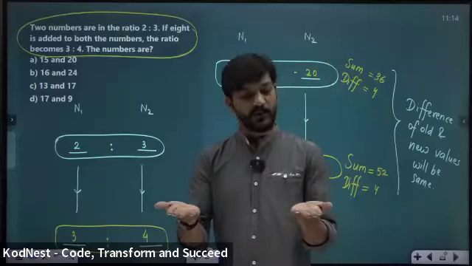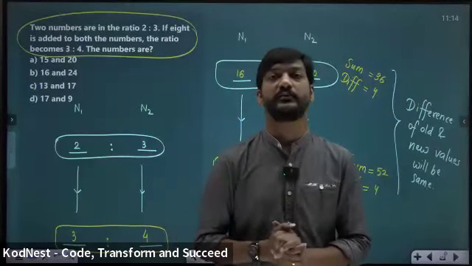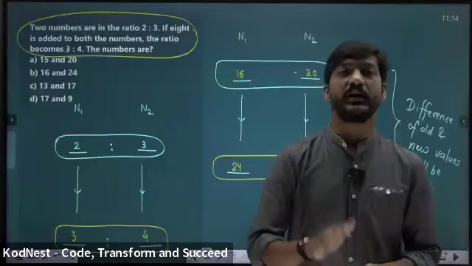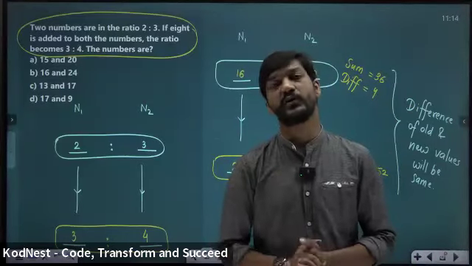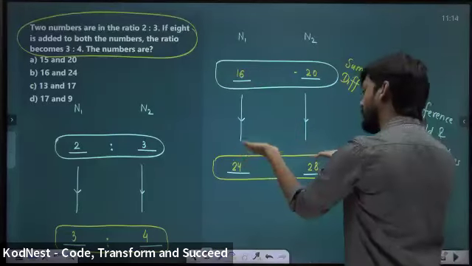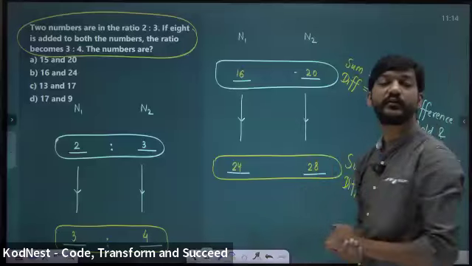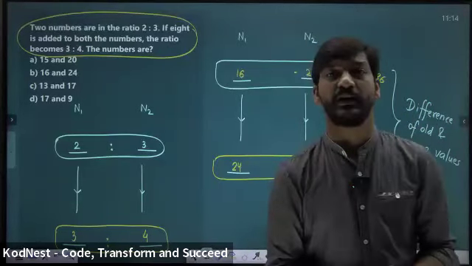So whenever two numbers increase by the same amount, difference never changes. Whenever two numbers decrease also by the same amount, difference never changes. Numbers will change, but their difference will not change. Okay. So two numbers are increasing. The new values are this, but difference will remain same, just like the previous difference. This will always happen.